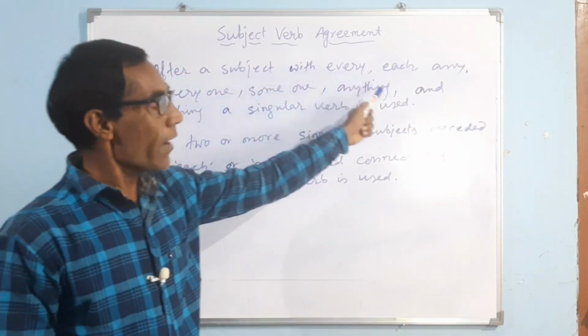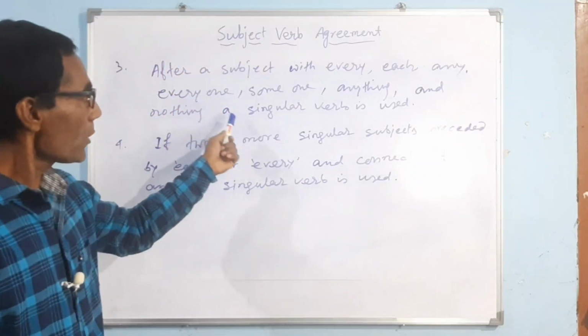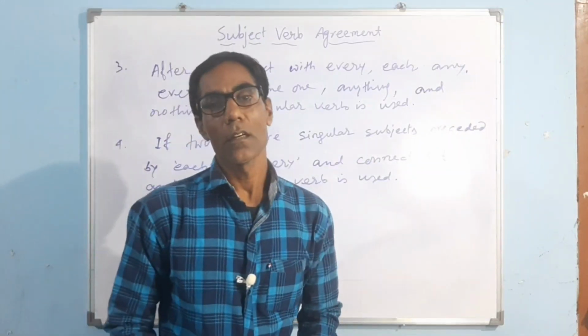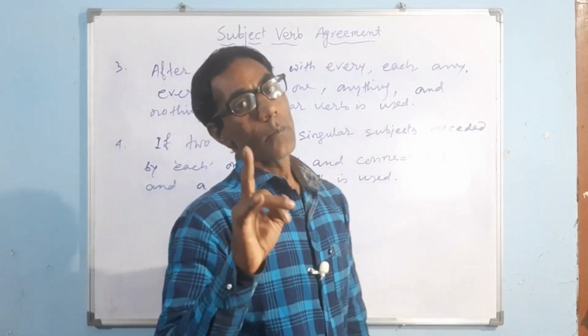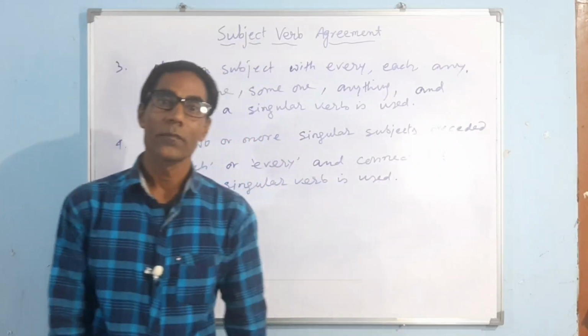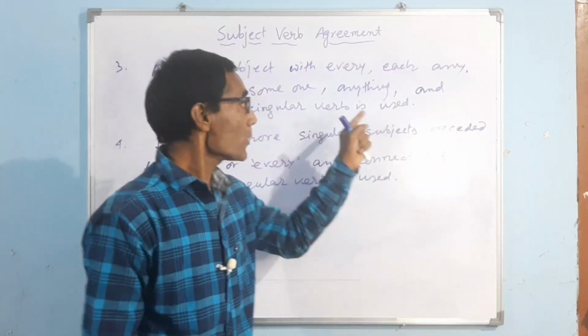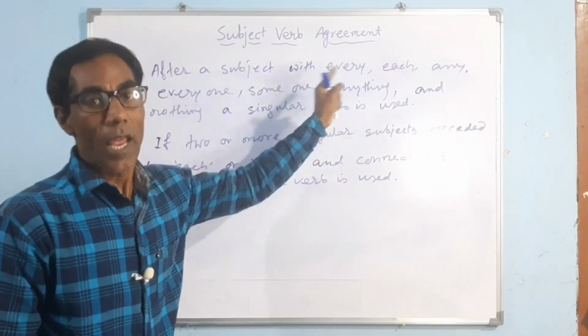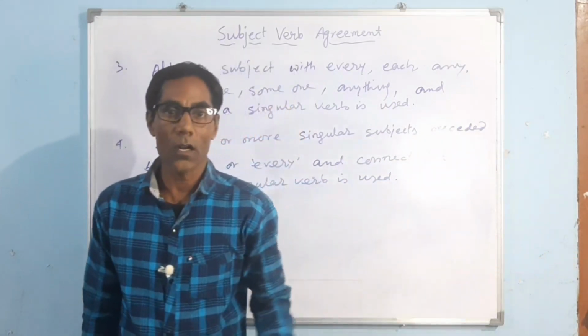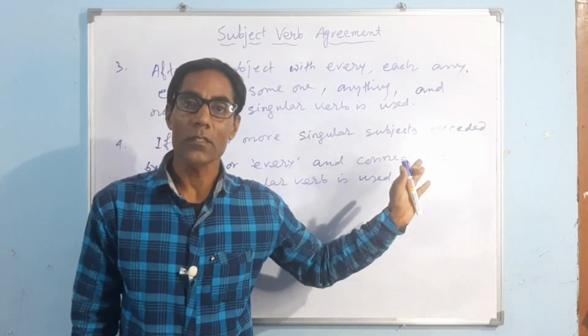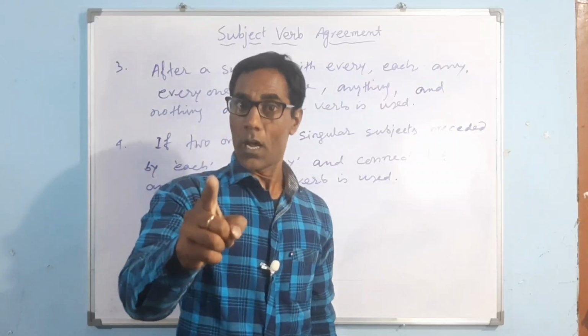After a subject with every, each, any, everyone, someone, anything, and nothing, a singular verb you have to use. So, after a subject with every, each, any, someone, anyone, nothing, like this, you have to use a singular noun.